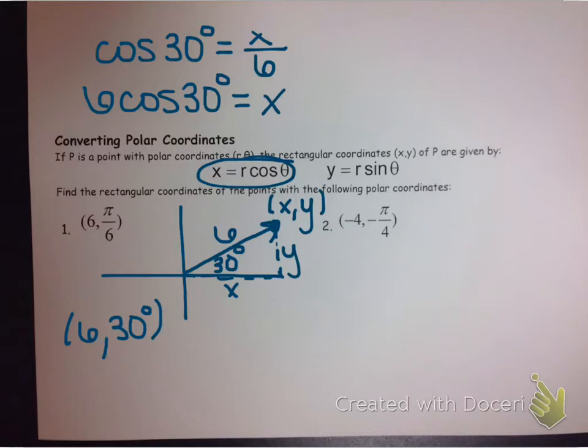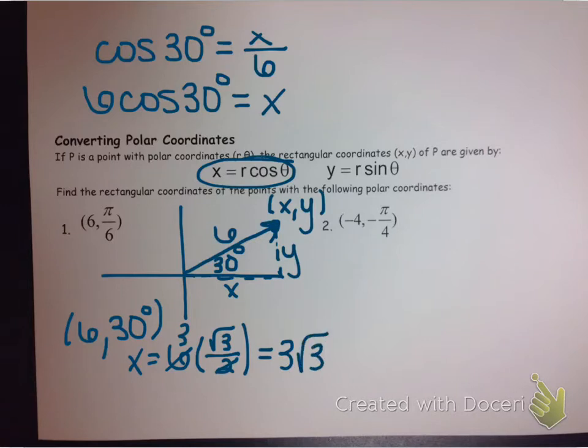And so in order to calculate the x coordinate in Cartesian form of this very same point, it's just a different way of measuring the location of that point, I'm going to do 6 times the cosine of 30 degrees, which is square root of 3 over 2. And the 6 and the 2 would reduce, and so my x coordinate would be 3 square root of 3.